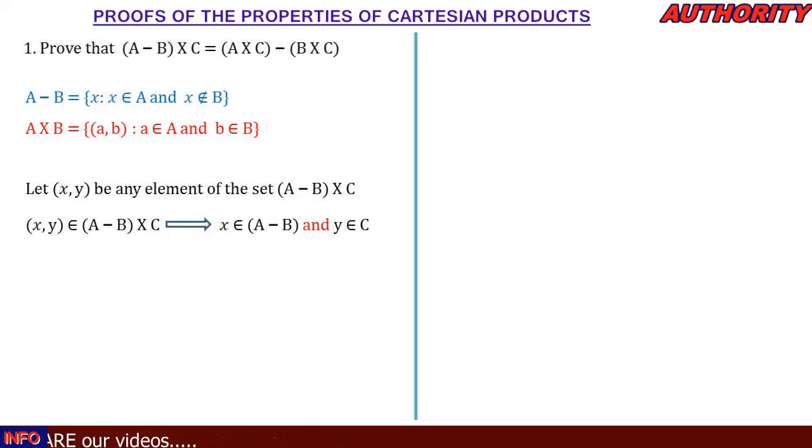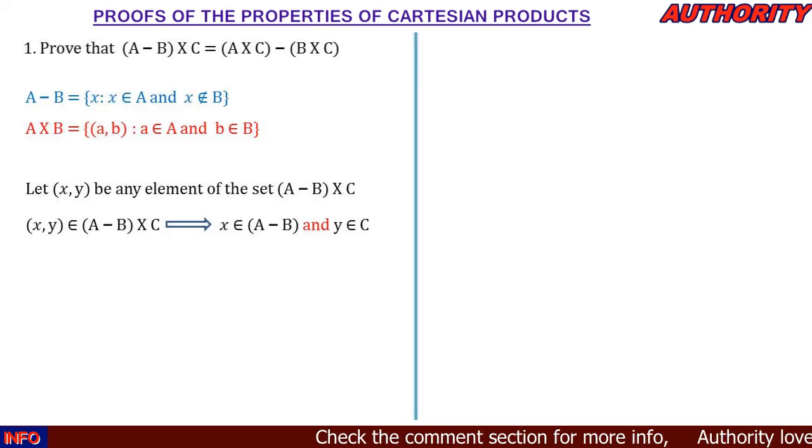So if (x, y) exists in (A difference B) cross C, what does it mean? Now pay attention. It means that x, which is the first element, comes from the first set.